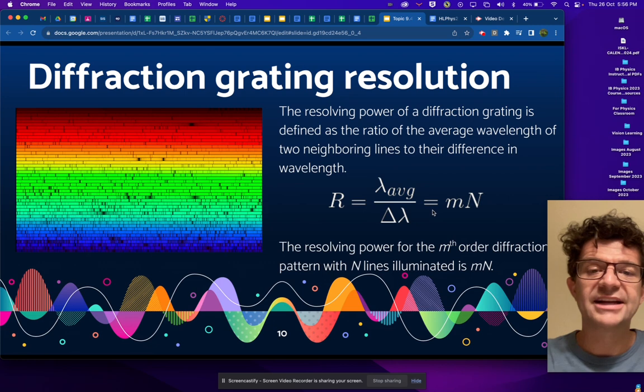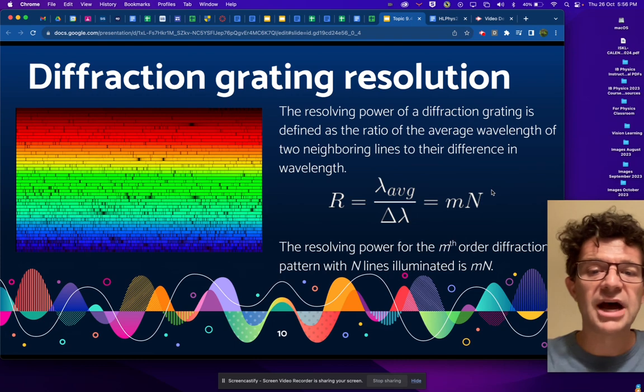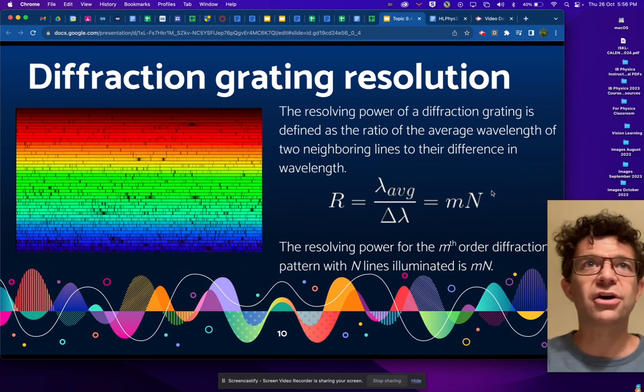And then that is equal to, for the mth order diffraction, when you have N lines of your diffraction grating illuminated, this equation is true: the resolving power, equal to the average wavelength divided by the change in wavelength that can be resolved, is equal to m, the order of diffraction, meaning 1 or 2 or 3, times N, the number of lines in your diffraction grating that are illuminated.